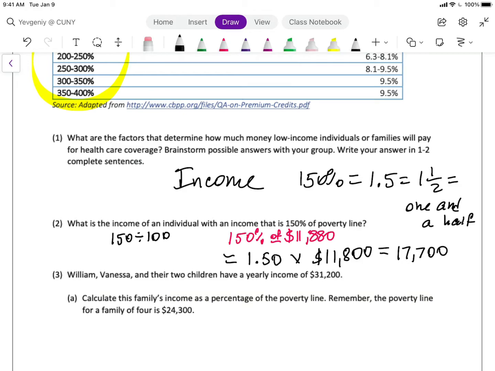So when we say 1.5, what does that mean? Well, 11,880 is a whole, okay? And then what's a half? A half of 11,880 is, you divide this by 2, or multiply by 1/2, so that would be 5,940.